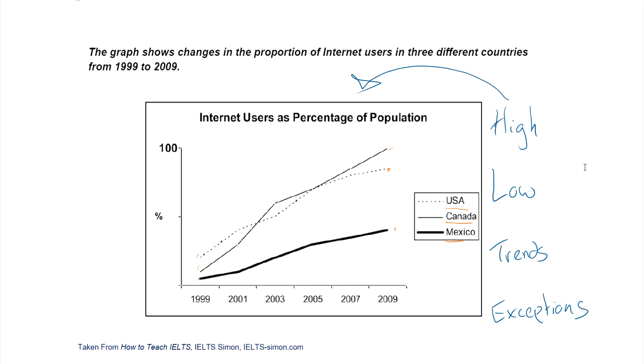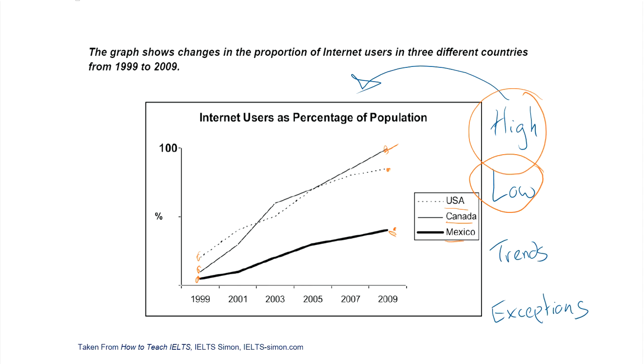Now, if we look for the highs first of all, we can see that the high points are all at the end of the graph. And we can also see that Canada is the highest, and Mexico's high is the lowest. The low points are all at the beginning of the graph.